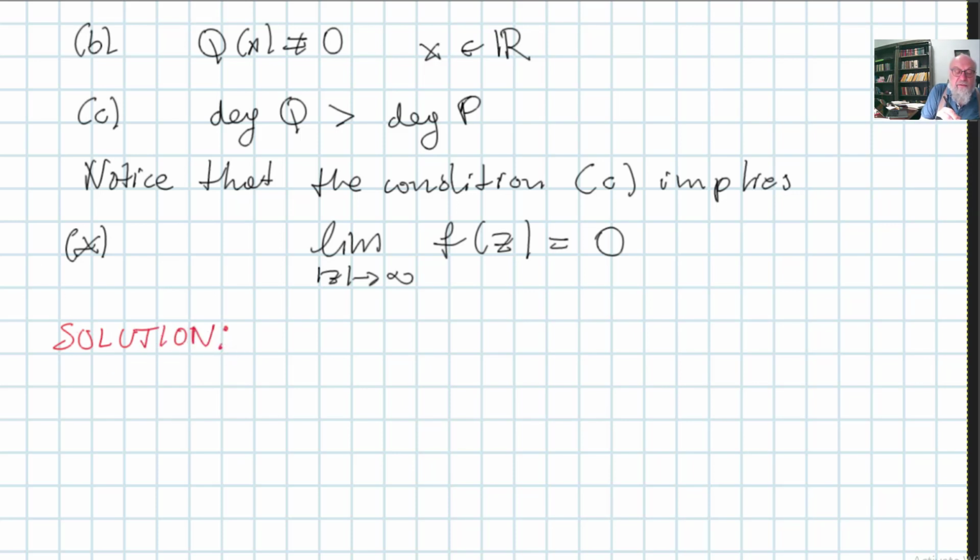And we will be doing this in a very similar way as it was done in the case of the integral of type 2.